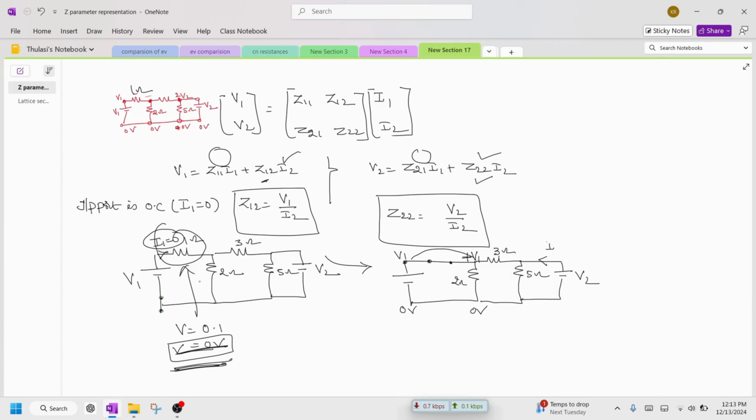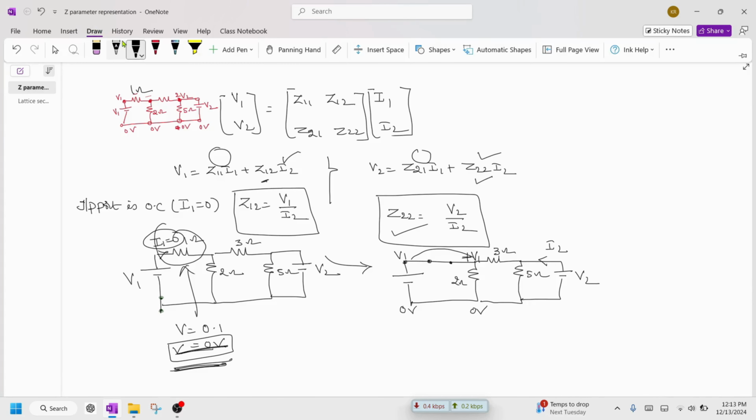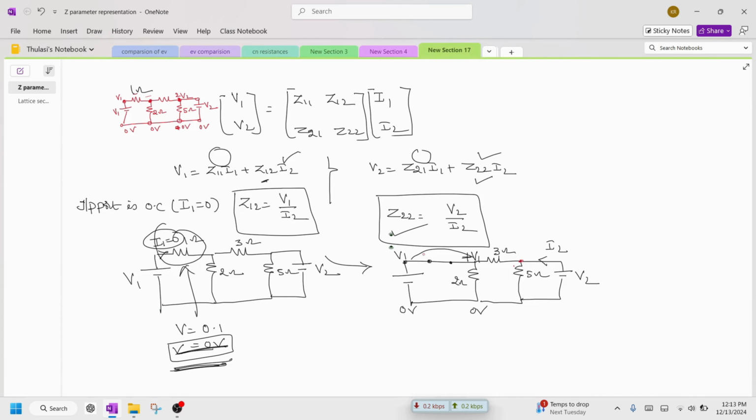So we require V2 by I2, which is called output driving point impedance. So how to do it? Okay, you can see here the current will come to this junction point, will flow across this branch, and also will flow across this branch. I can see these two branches are connected in parallel.